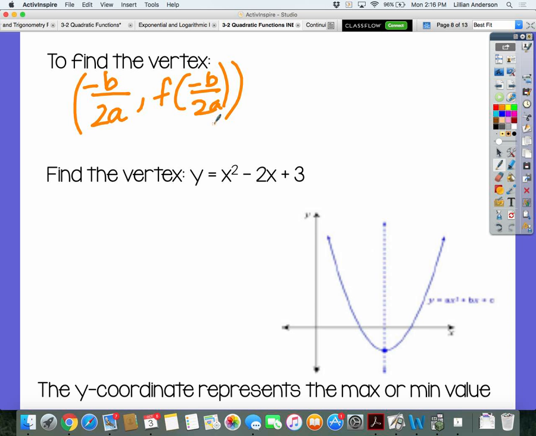The vertex is a point. Okay? So we're going to do that here. How do we find the x coordinate? Negative b over 2a. We just did that, didn't we? Okay, so what was that value? 1. Now to find the y coordinate, we're going to take that answer and plug it into the function. And this is going to be the y coordinate of the vertex.